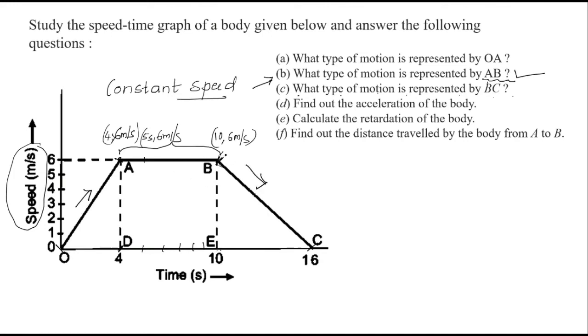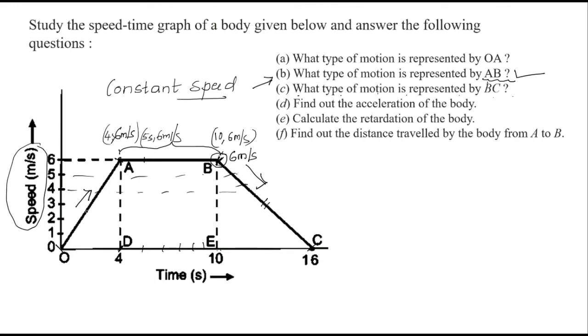What is the initial velocity at B when it is taken from B to C? 6 meter per second, and from 6 meter per second it is slowly coming to 5 meter per second, 4 meter per second. You can see the corresponding values here, and then finally it comes to 0 here. So speed is reduced. And what does this straight line indicate?